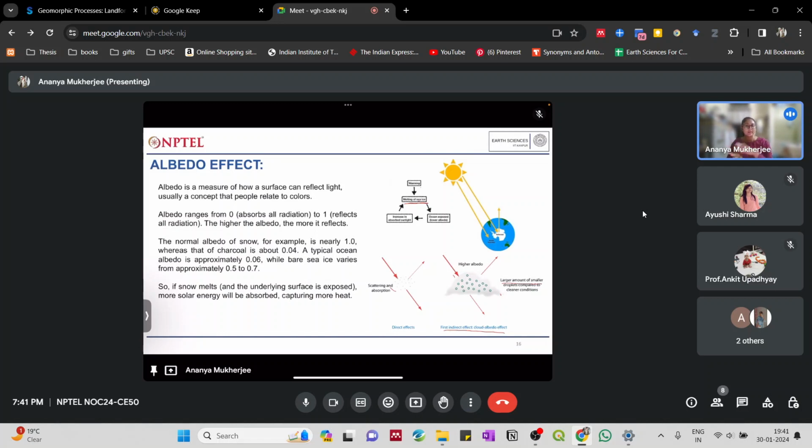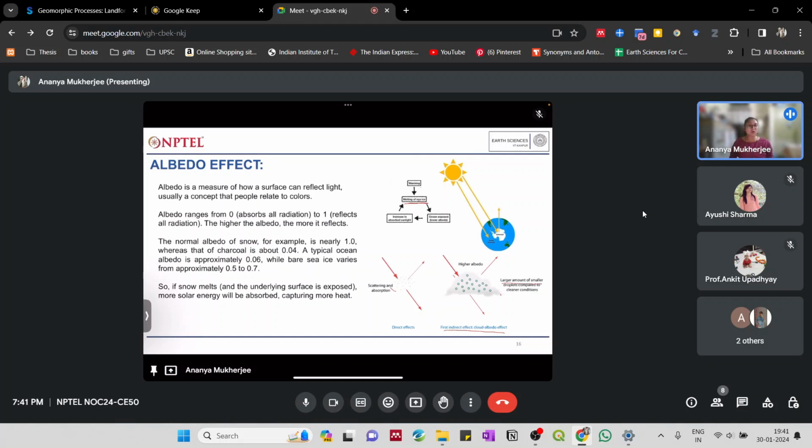If snow melts and the underlying surface, the earth's surface, is exposed, that barren land is going to absorb more solar energy, and hence it will capture more heat. It will also emit that large amount of energy, which is again reflected back to the earth. So it's a cyclic process.